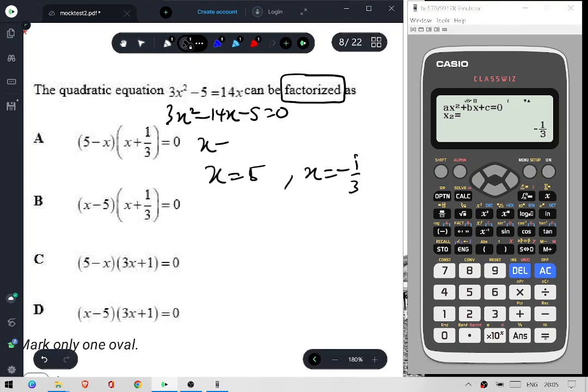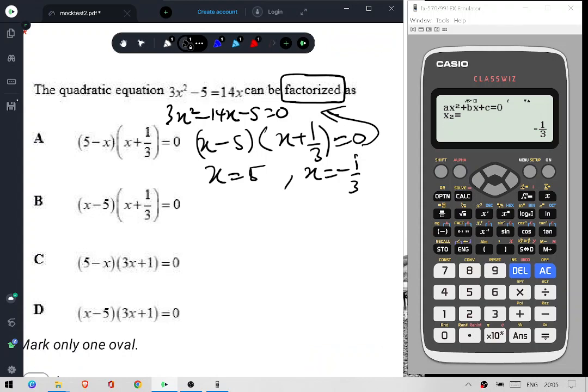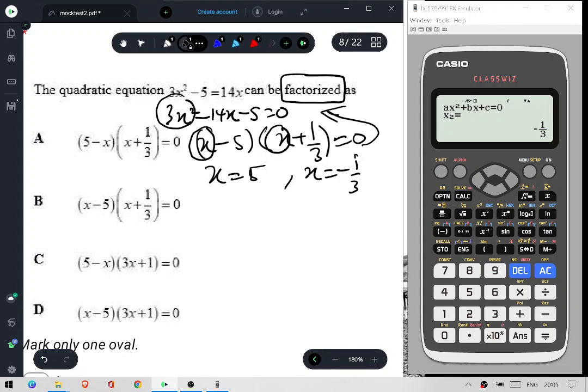So you get x minus 5 multiplied by x plus 1 over 3 equals 0, and then multiply. But as you can see over here, if we multiply x with x, we don't get 3x squared. So this answer, where is it? This one, right? You will choose this one if you use EQN. This is not the answer.